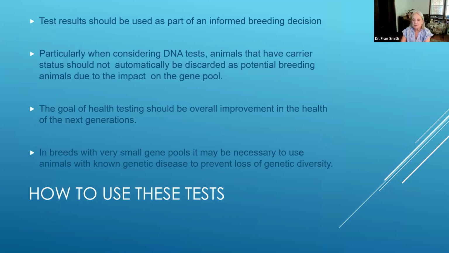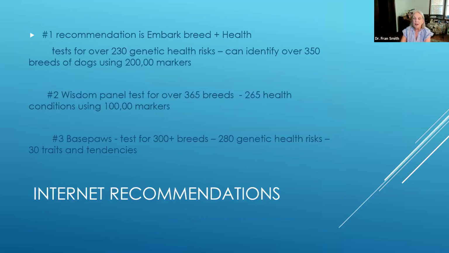Let's do how to use these tests. If you do an internet search, and I apologize, I had a terrible allergic reaction to some insect bites, and I am taking antihistamines, and it is obviously fogging my brain badly.